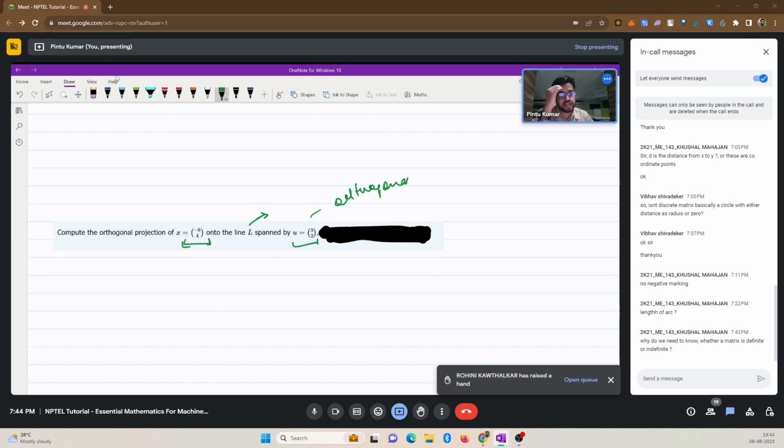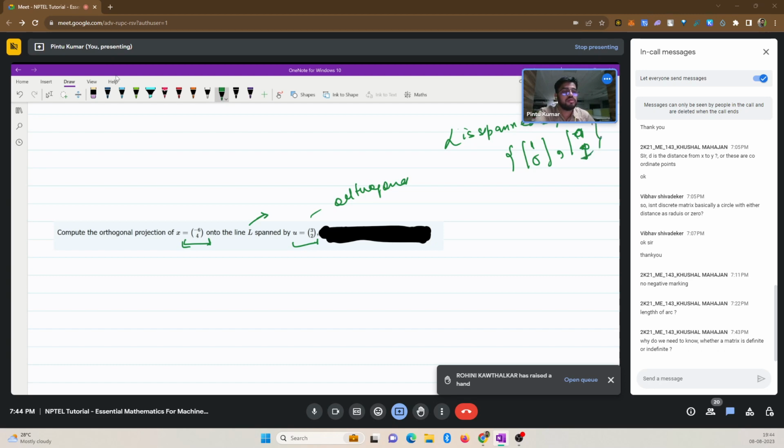Let's say you had two vectors, like L is spanned by, let's say something like 1 0 and minus 1 0. Not very good. So let's say 0 1.